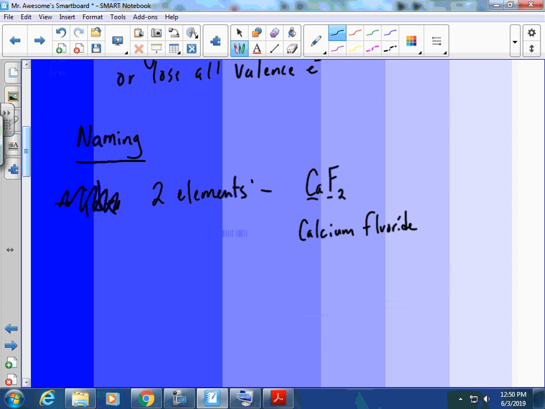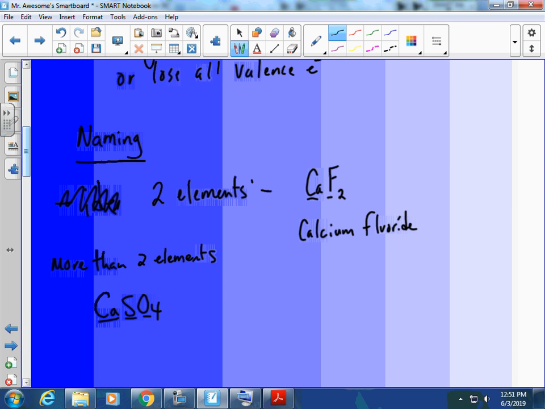Okay, now if I see something where there's more than 2 elements, that's telling me that I have a polyatomic ion. So if I had something like this, now I have Ca, I have S, and I have O. When I have more than 2, I'm going to want to look at the periodic table on the back side and look at the polyatomic ions.